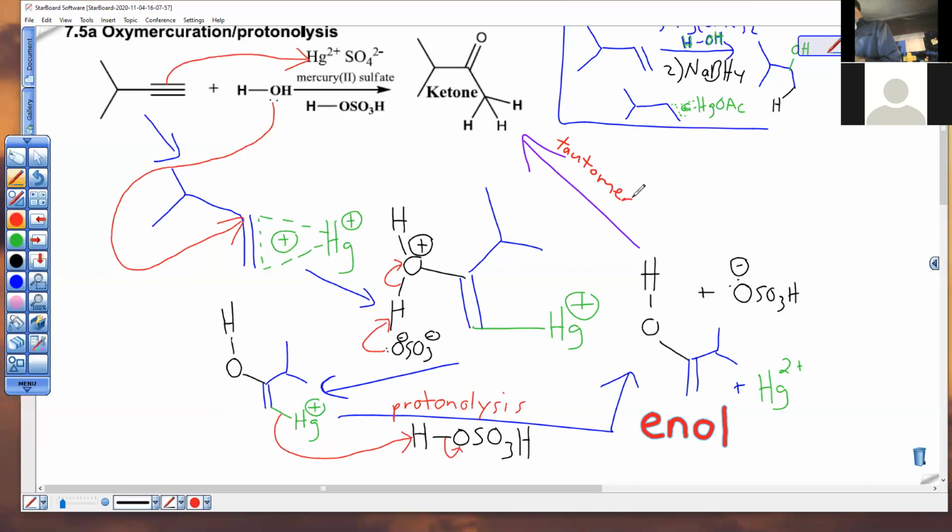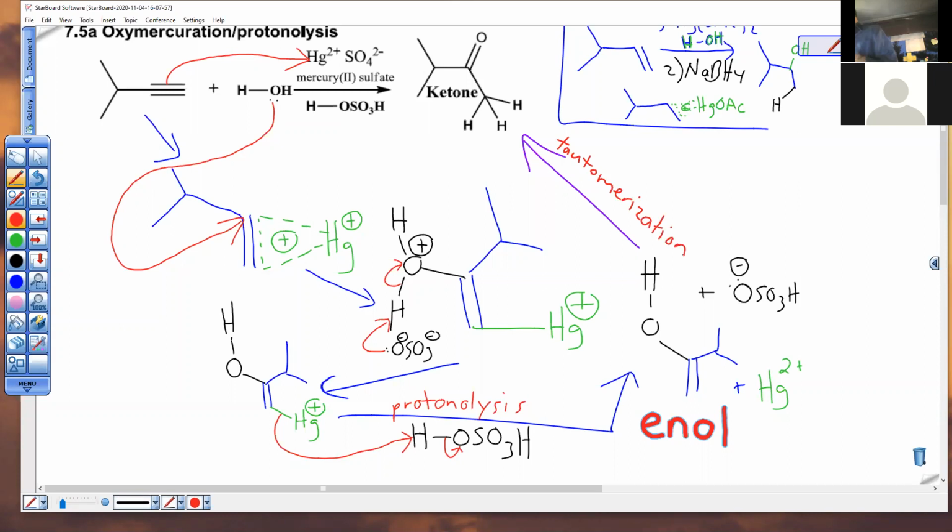Tautomers are isomers where a pi bond has moved and a hydrogen atom has also moved. And this qualifies as a tautomer of this. The hydrogen moved from here to down here, and the pi bond moved from here to up there. And the process to make tautomers into, or interconvert them, between each other is called tautomerization.